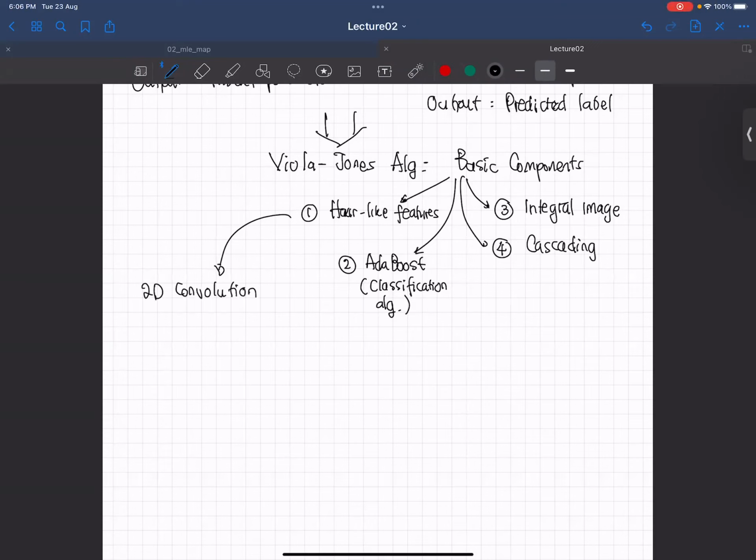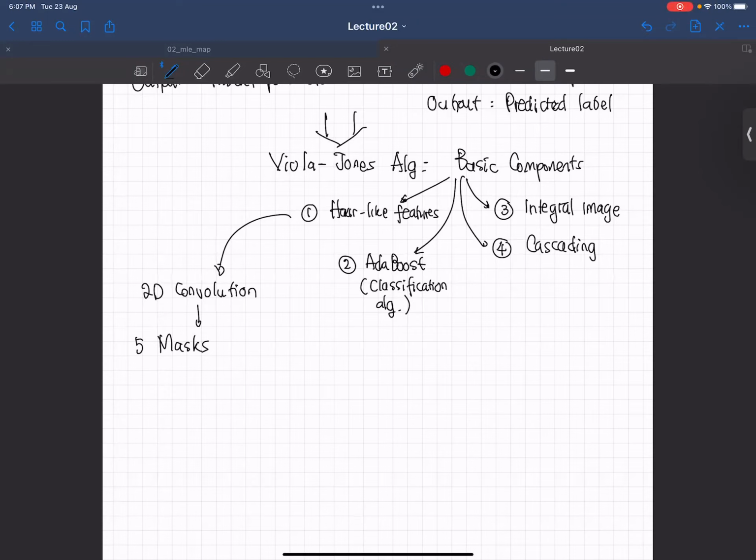Once you understand the 2D convolution operation, then you know what is meant by features. There are 3 types of masks, but in total there are 5 masks. I hope that you remember the 5 types of masks.